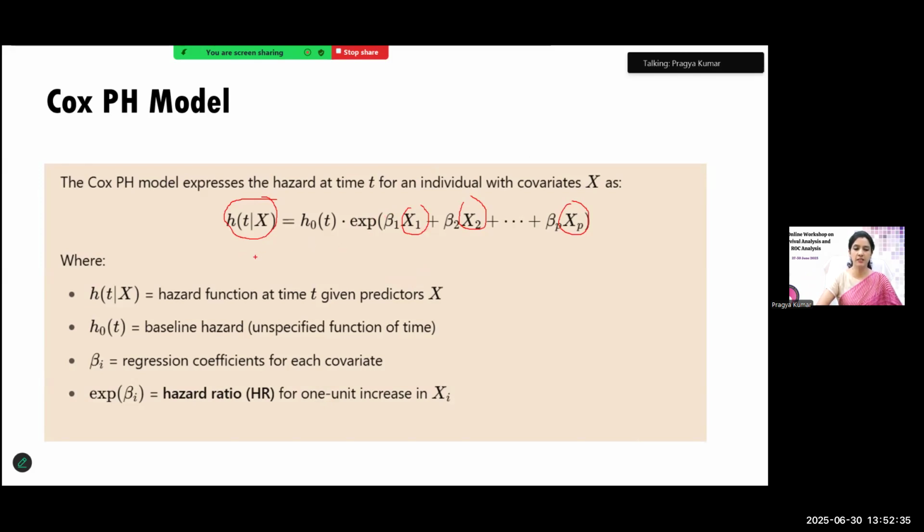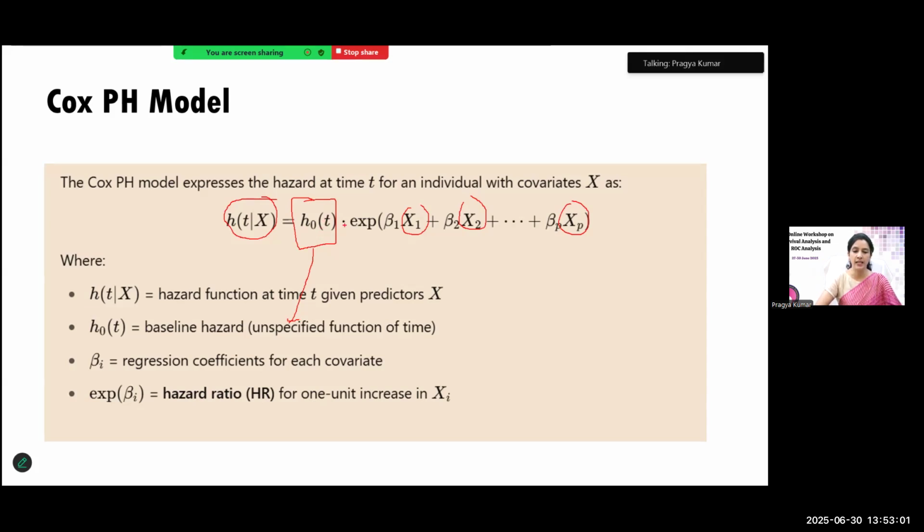And this h0(t) is known as the baseline hazard. This is important because they say that it is an unspecified function of time. Unspecified is a mathematical term, but you just remember that this is the baseline hazard, and here there is a unit of time, time t.